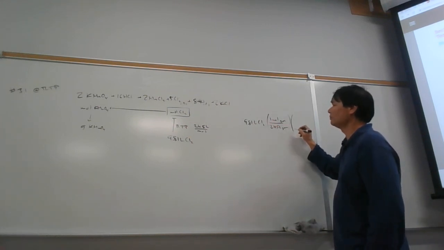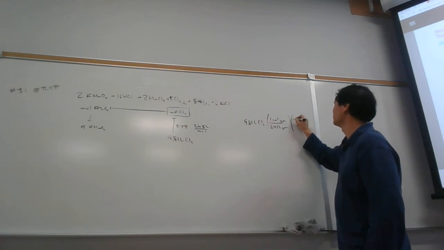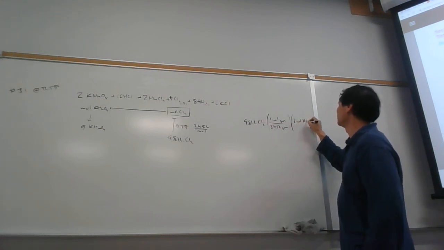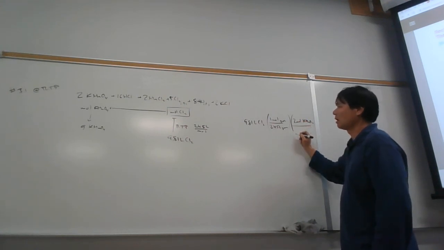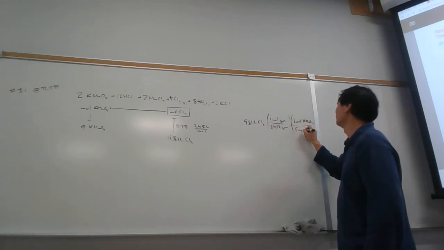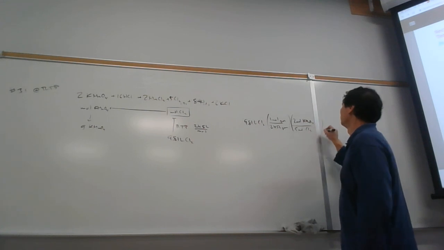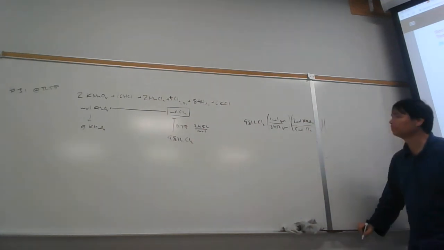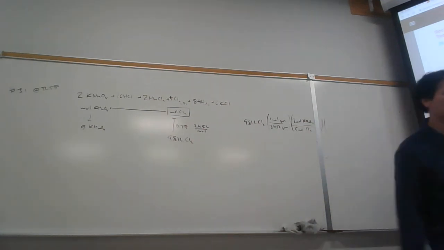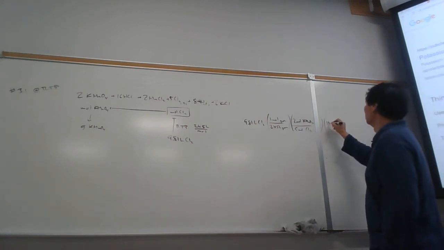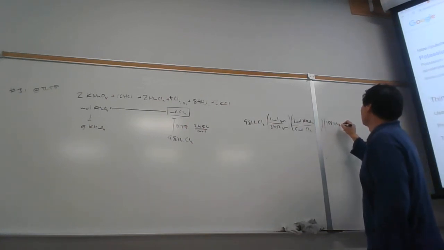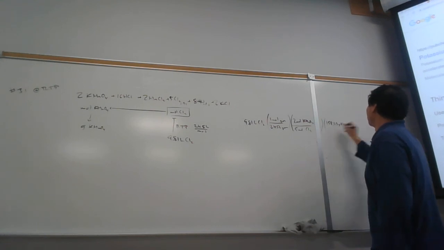And then from moles of chlorine, we'll go to moles of potassium permanganate: 2 moles of potassium permanganate, KMnO4, for every 5 moles of chlorine. And then we'll just look up the molar mass of potassium permanganate online. 158.03 grams of KMnO4 per mole.